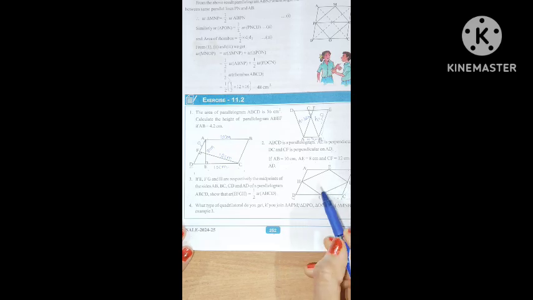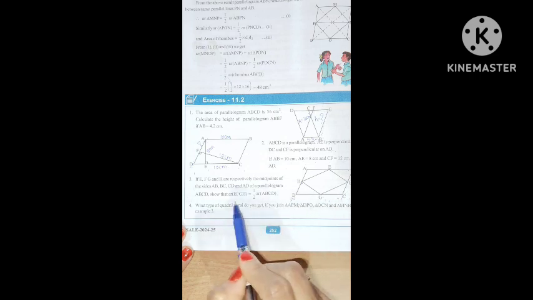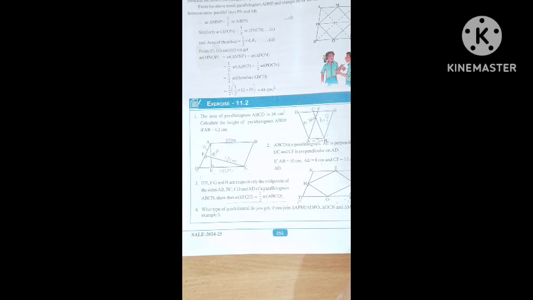And you have to show that the area of EFGH equals half of the area of ABCD. You have to show this part. Okay? Very simple, this problem solution.